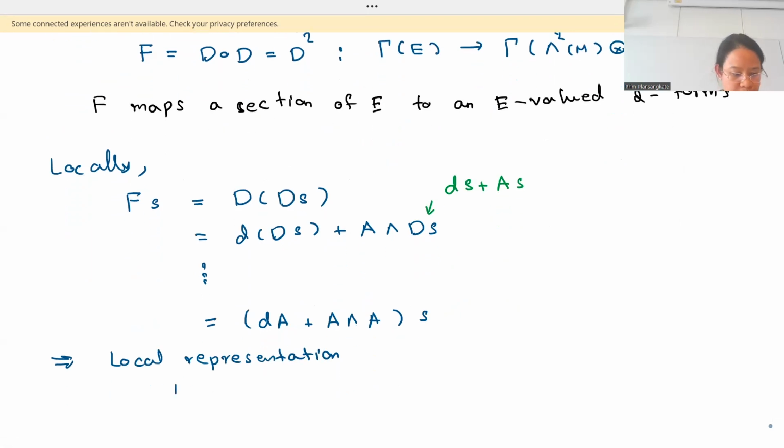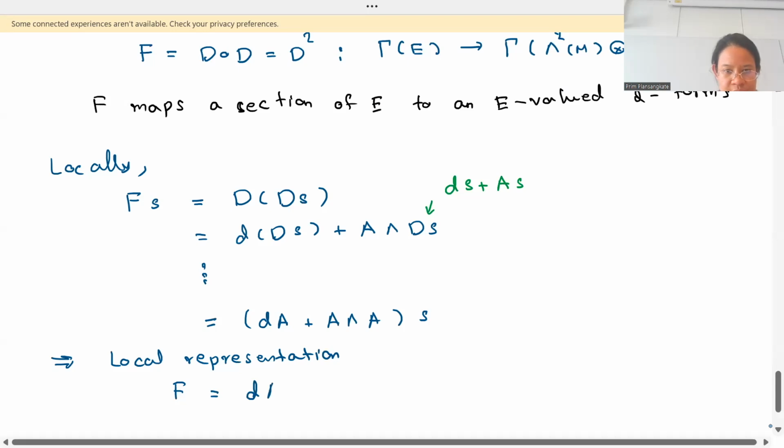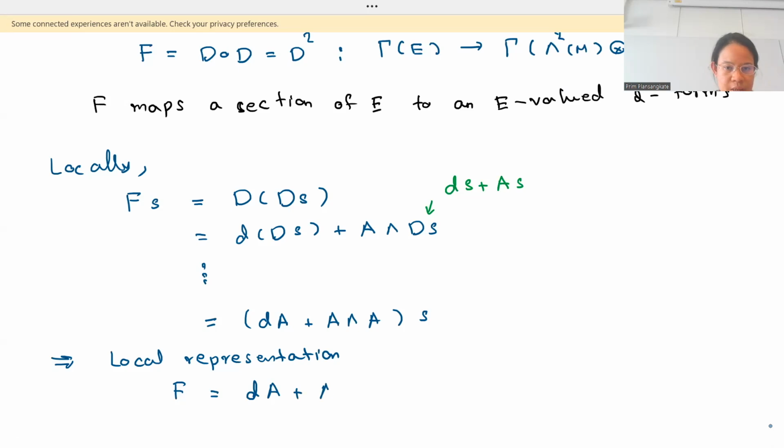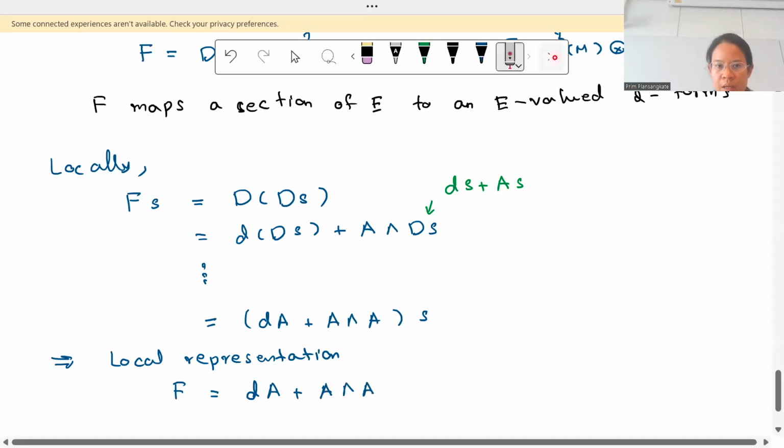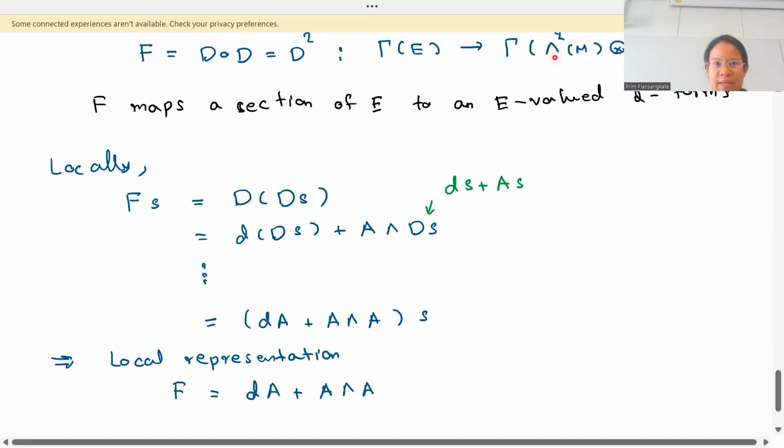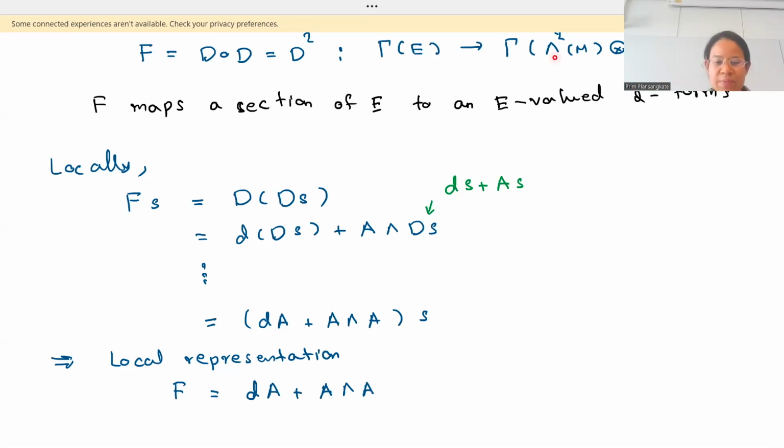of F is given in terms of the connection one-form. So A is, if we think local representation, an n by n matrix of one-forms, and dA would just mean you do the exterior derivative to each entry of A. So you have a matrix of two-forms.